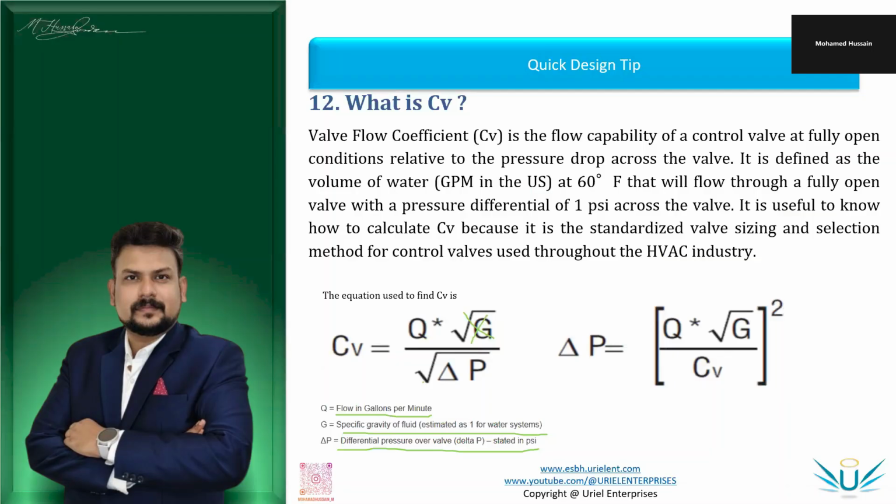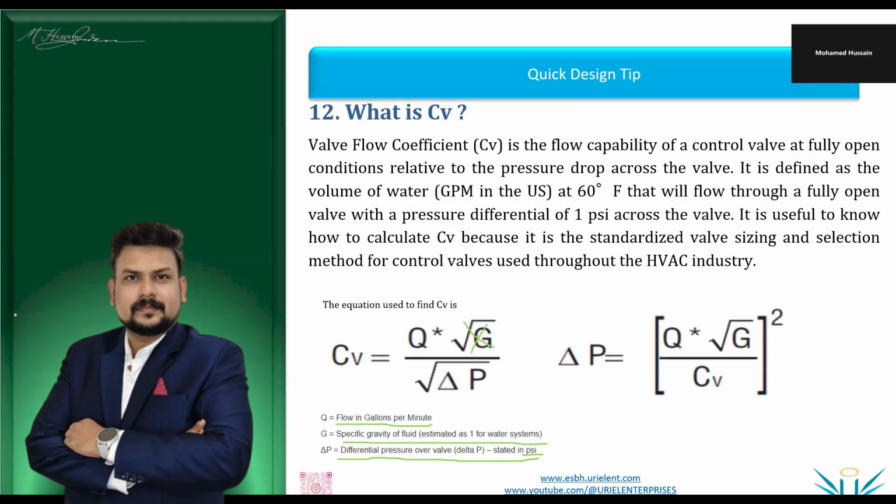But here one thing: it is stated in feet of head, and the formula needs PSI. So we want to convert the head pressure into PSI. Let me convert it online. Let me open Edge. I search feet to PSI.